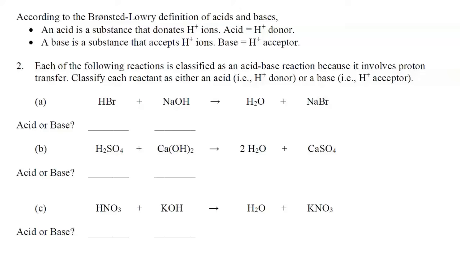So HBr is one of the acids I just talked about. H2SO4 is another one. And HNO3, that's hydrobromic, sulfuric, and nitric acid. So the first reactant listed in parts A, B, and C is an acid. And then the second reactant listed, whether it's sodium hydroxide or calcium hydroxide or potassium hydroxide, they all contain the hydroxide ion, which acts as a base.